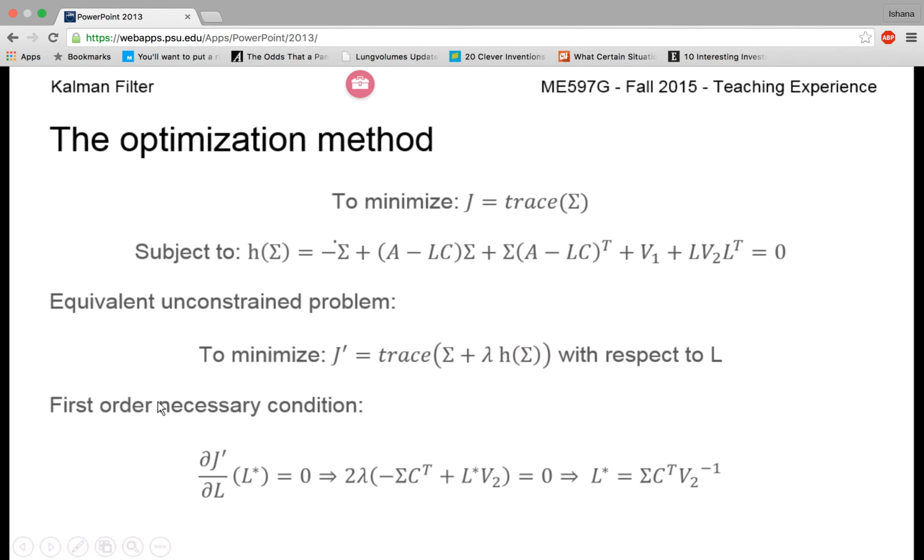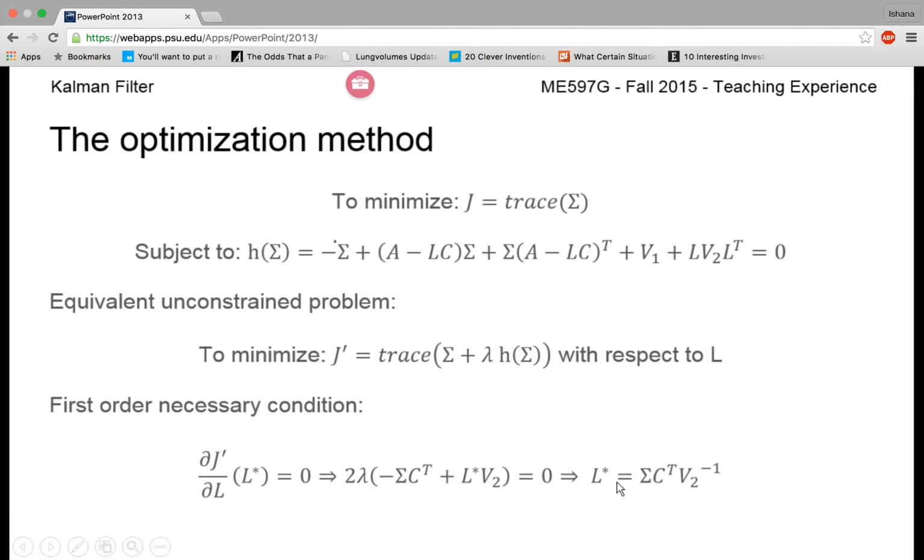We do this by using the first order necessary condition, which is that the first differential of J dash, the new objective function, with respect to the gain evaluated at the optimum value, which is L star, equals 0, which gives us this relation.